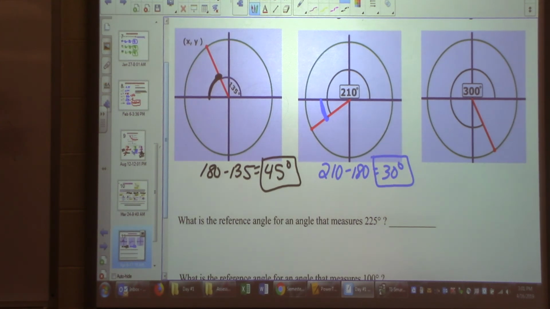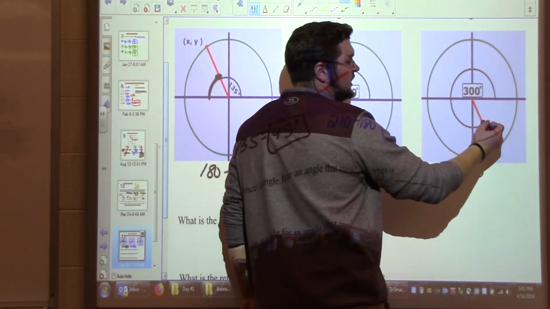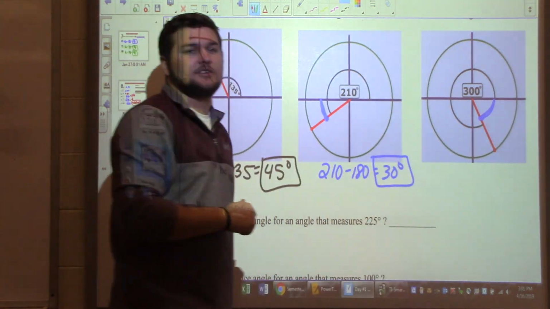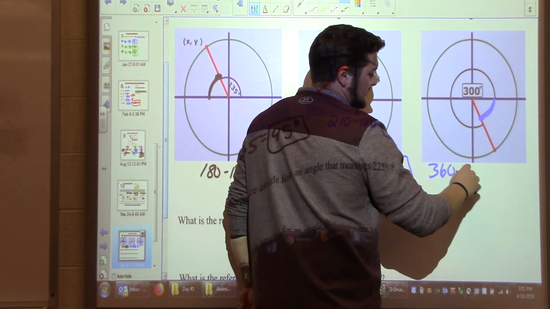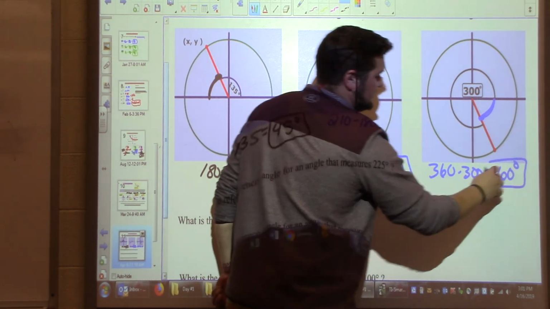And the last one with the picture, 300 degrees, is in quadrant 4. I need to figure out how far it is to complete that circle to get to that nearest x-axis. So I'd go 360 minus 300 equals 60 degrees.